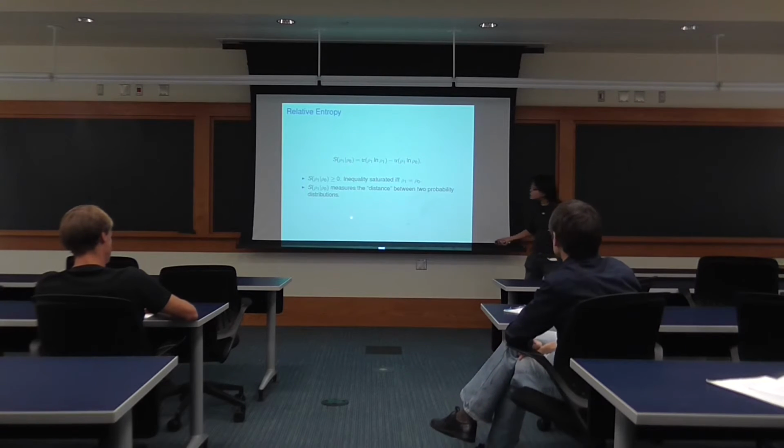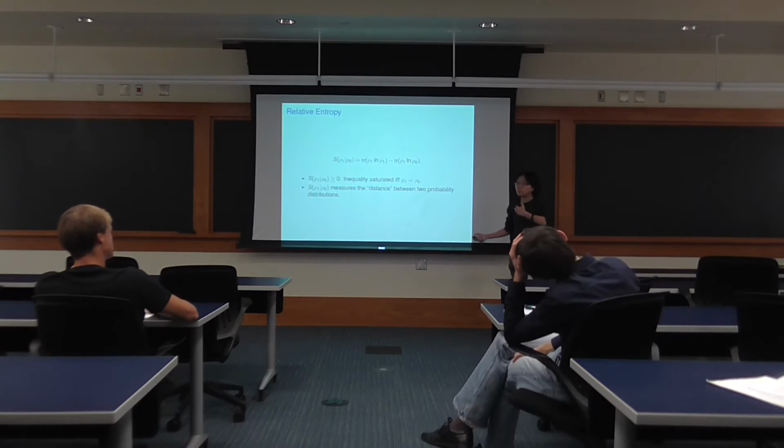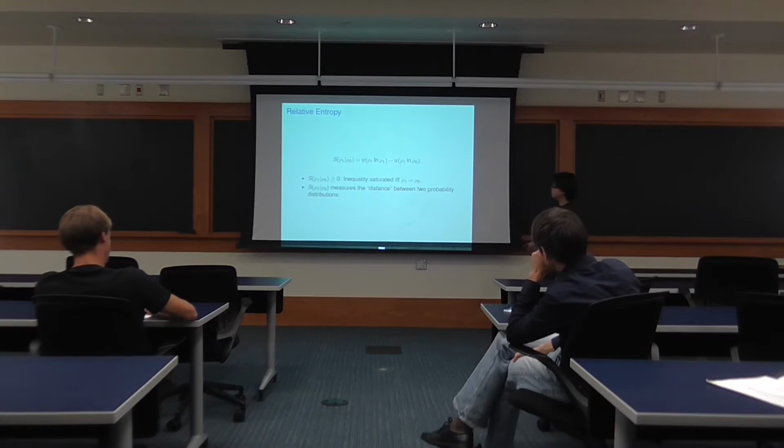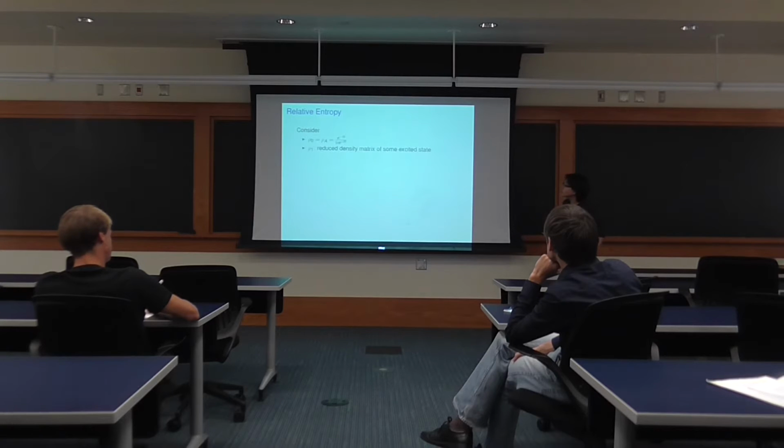It is not hard to show that it is a positive definite quantity, simply from the fact that ρ1 and ρ0 both trace to 1, and that their eigenvalues are positive. And the inequality is saturated if and only if ρ1 equals ρ0. People in quantum information theory frequently take this as some measure of distance between two probability distributions.